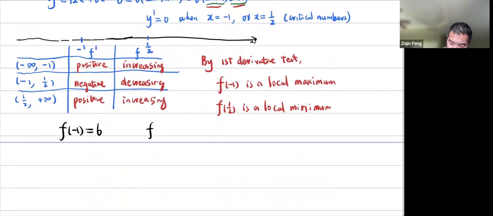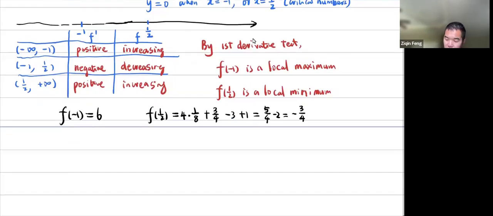And f of 1/2 is 4 times 1 over 8 plus 3 over 4 minus 3 plus 1, right? You can do the calculation. This is 2 over 4, 5 over 4, 5 over 4 minus 2, right? So this is -3 over 4.